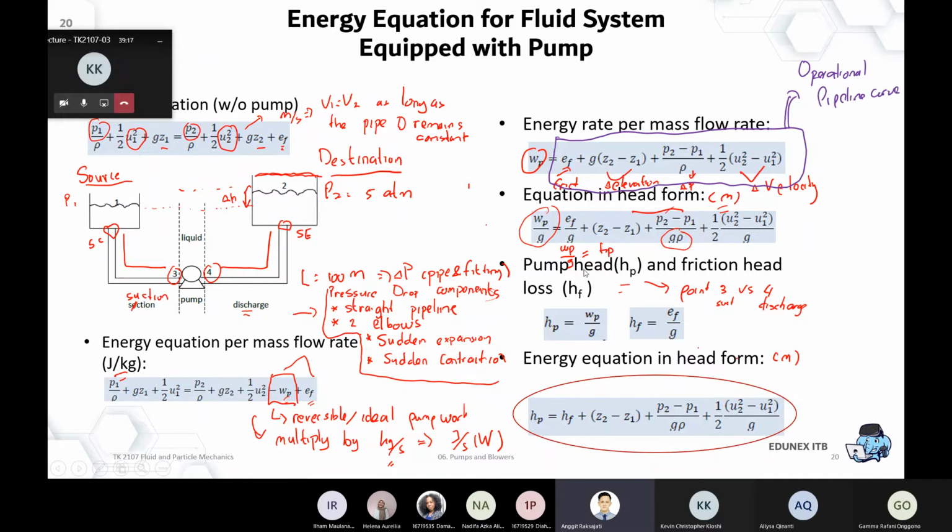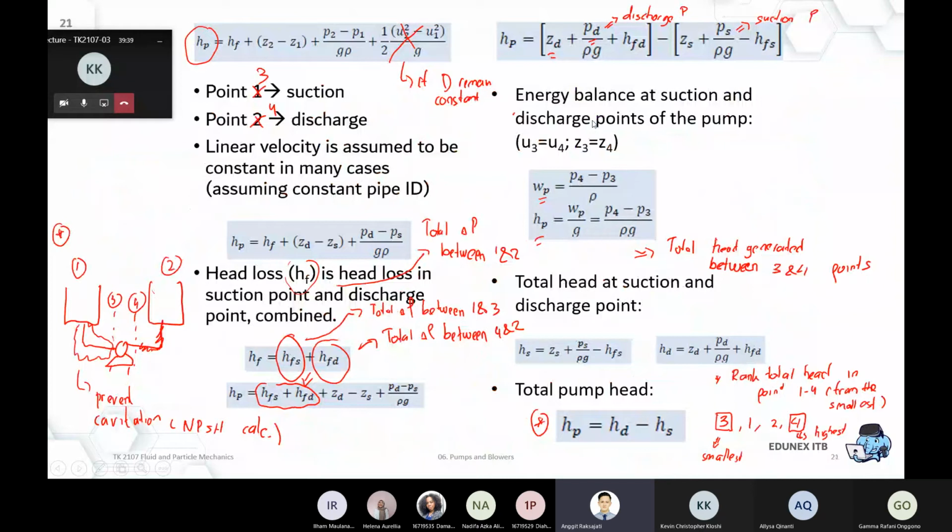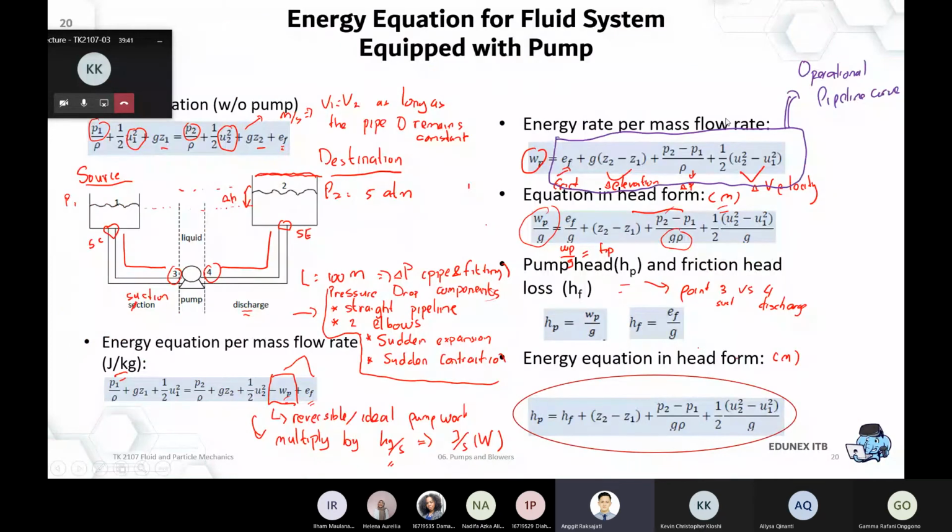So the friction, the delta elevation, the delta P in the source versus destination, the delta velocity, all of them are the operational pipeline curve. So naturally, when the kilogram per second increases, all of this within the purple rectangle will increase. You calculate at V1, you calculate at V2, you calculate at V3, different flow rates.